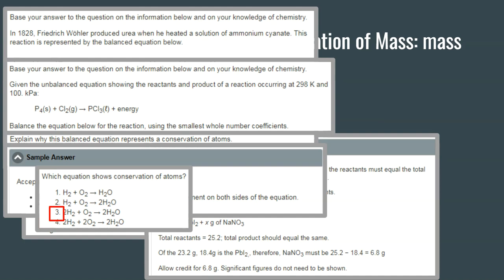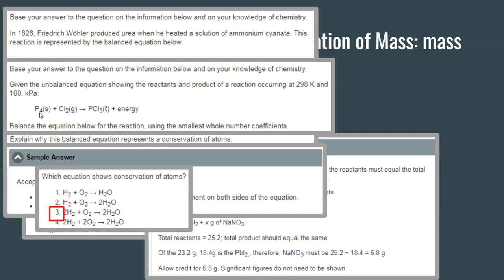For problems asking you to apply conservation of atoms or conservation of mass, you must change the coefficient of the compounds in the chemical reaction so that the number of atoms on the left of each element equals the number of atoms on the right.